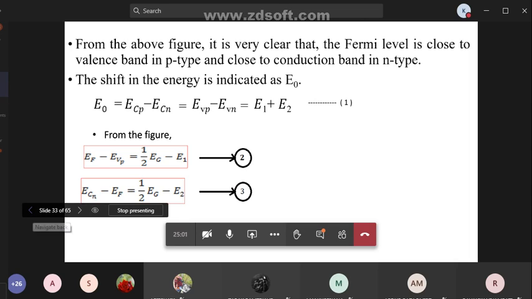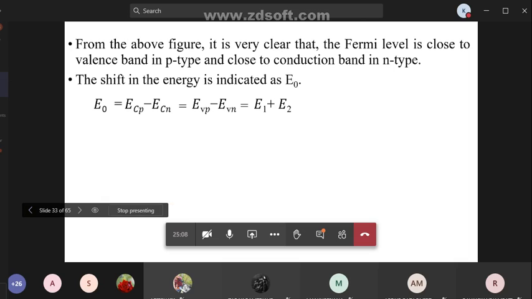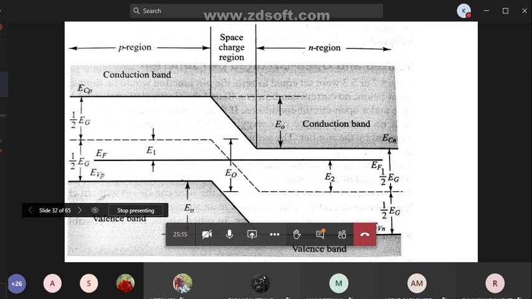See this diagram. Here E naught equals ECP minus ECN, that is, this level ECP minus this level ECN. So we can also write this as EVP minus EVN.